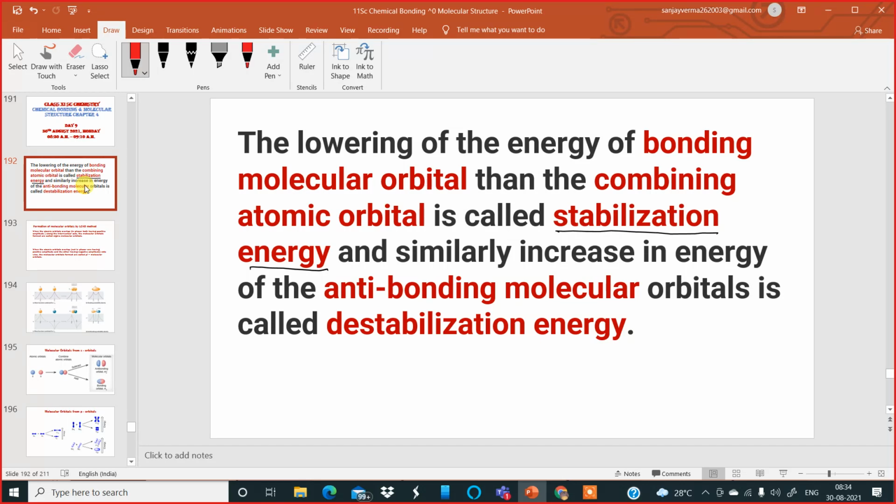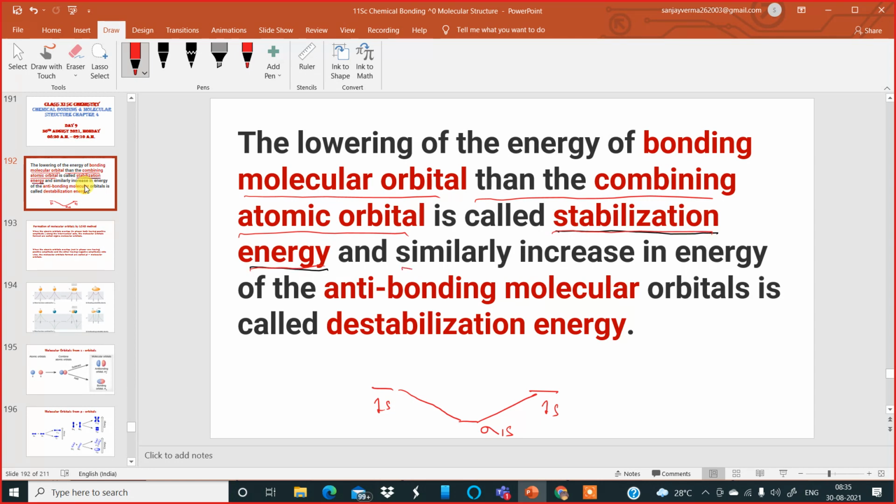The lowering of the energy of the bonding molecular orbital compared to the combining atomic orbitals, 1s and 1s. The bonding molecular orbital is lower in energy, so this lowering of energy is called stabilization energy.